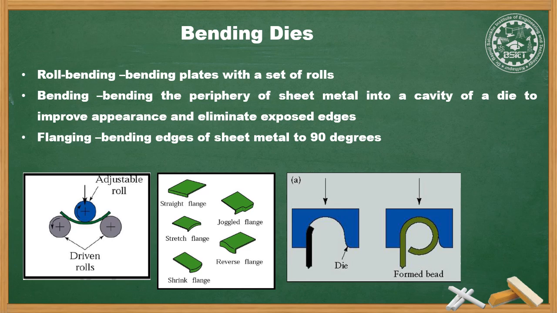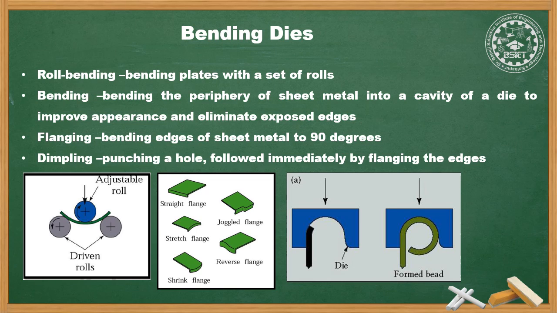Either compressive or tensile hoop stress is involved in the flanging process. Flanges are created using a flanging die that wipes the metal between the punch and lower die section. Both tension and compression occur during the flanging process.